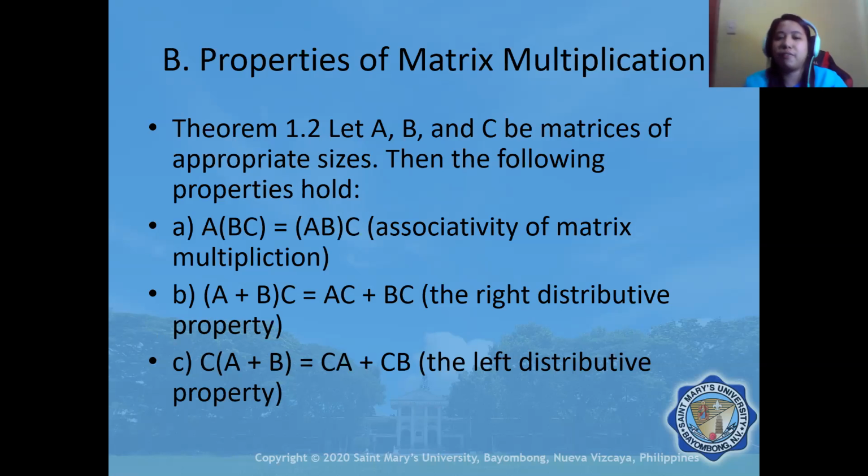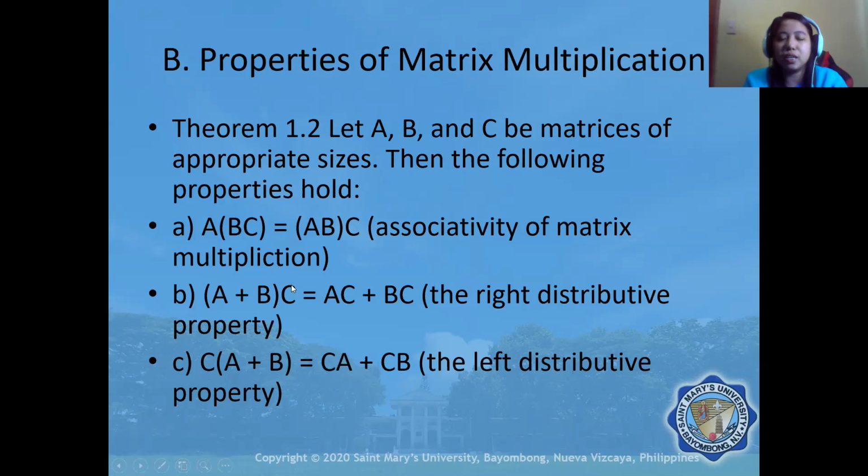So it's called the left distributive property. So C multiplied by the sum of A plus B is equal to the sum of the product CA and the product CB. As you see here, we are of course familiar with what distributive property means.